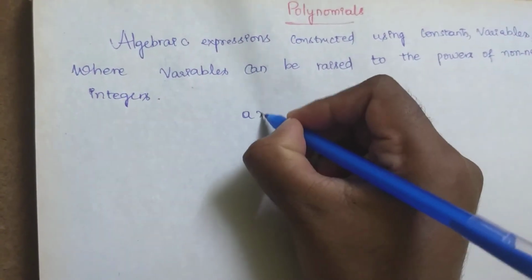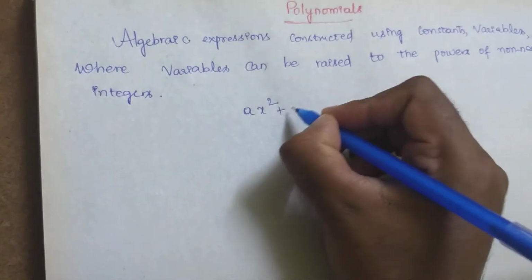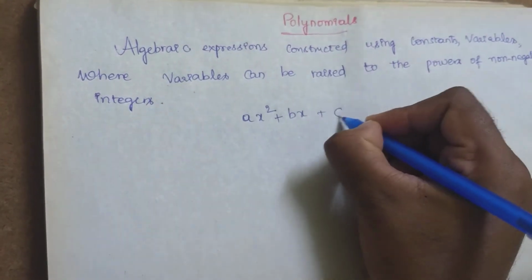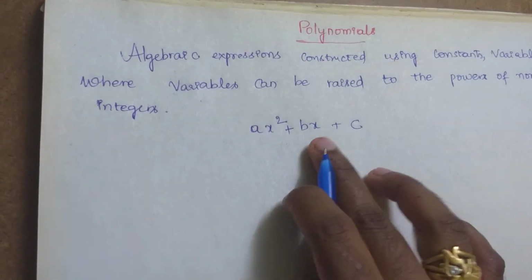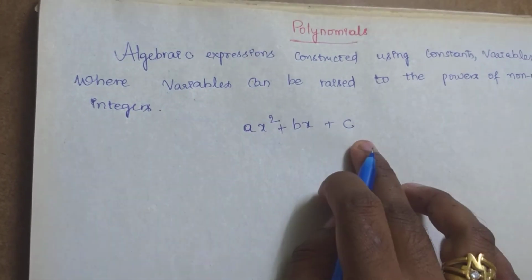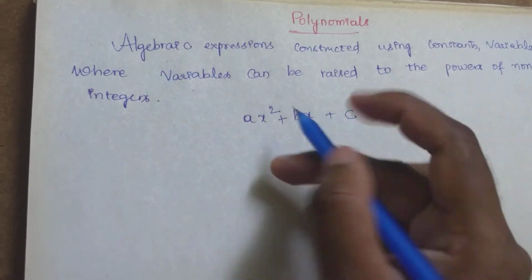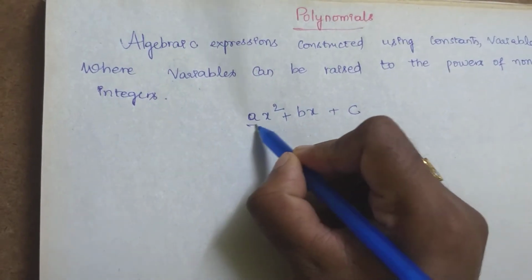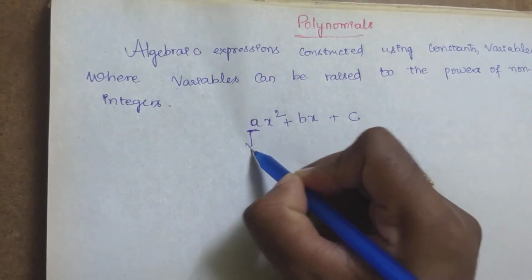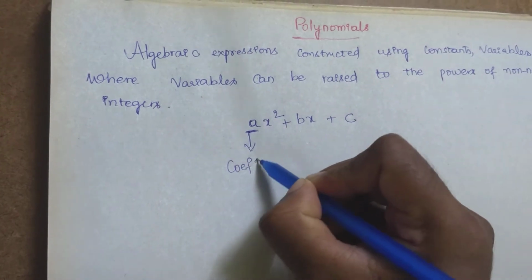So ax square plus bx plus c, this is a polynomial. Fine, this is a polynomial because here a and b are called coefficients.